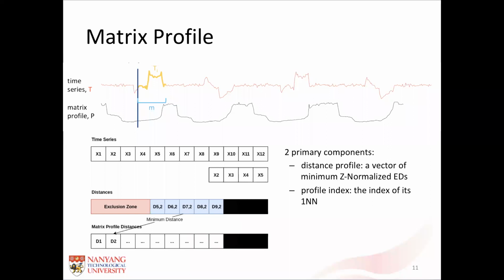Because if I'm comparing X2 with X5, then for sure this distance is 0. So to avoid these duplicates disturbing our distance profile, in the matrix profile they define the exclusion zones.